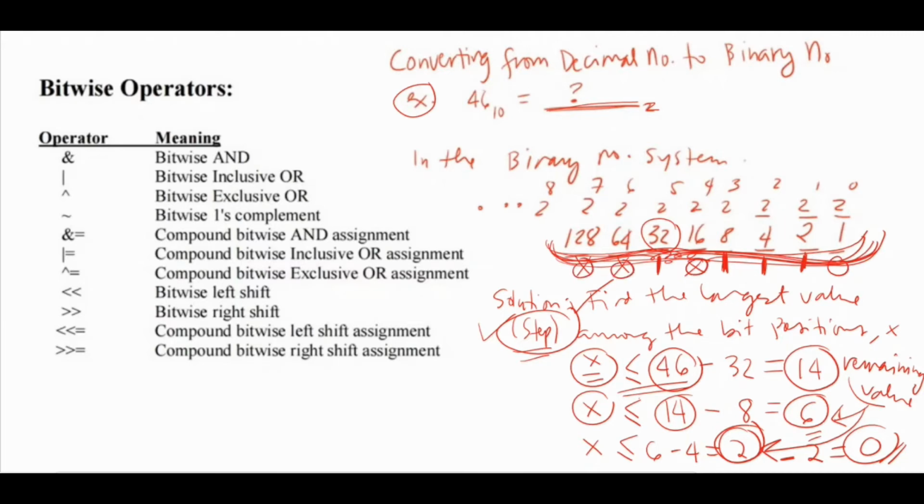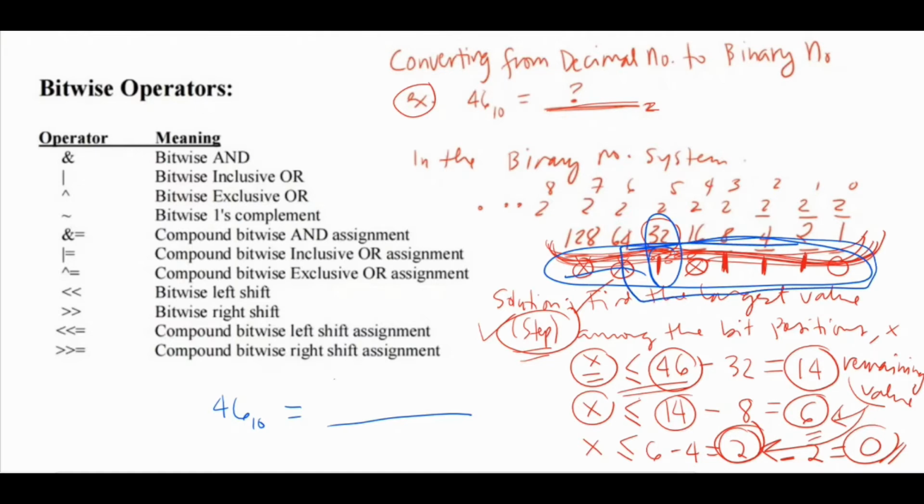So what is now the binary number equivalent of decimal number 46? 46 is the decimal number we are trying to convert to binary, and that binary number is this one. You could simply ignore the prefix zeros. So we could start from here. So our binary number would now be 101110. That's base 2.